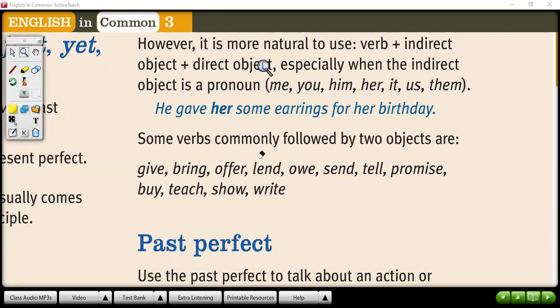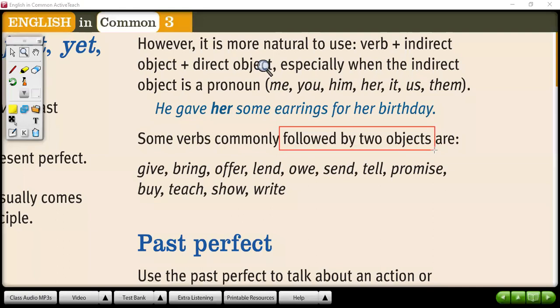Some verbs commonly followed by two objects. What does followed mean? Seguir, seguido.